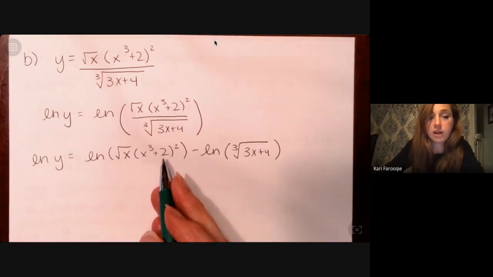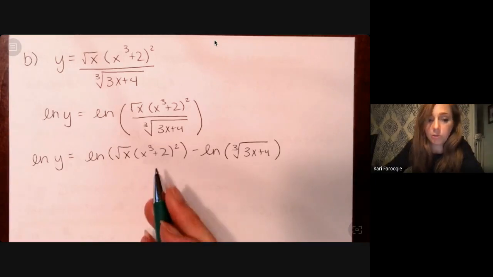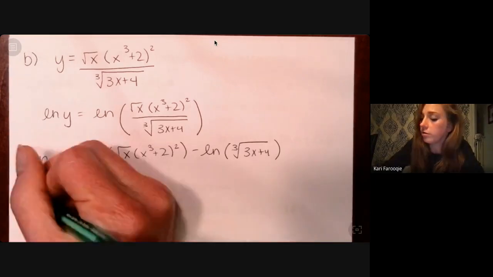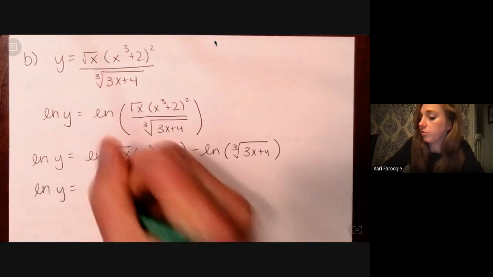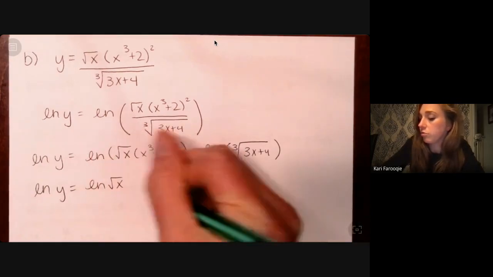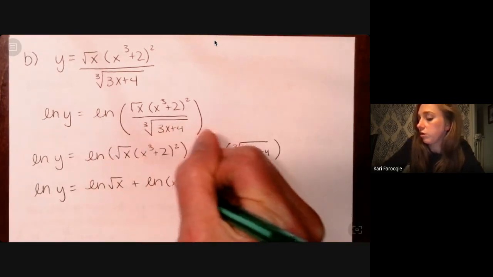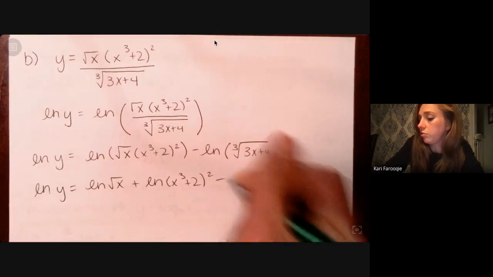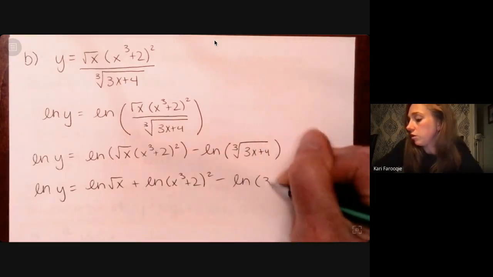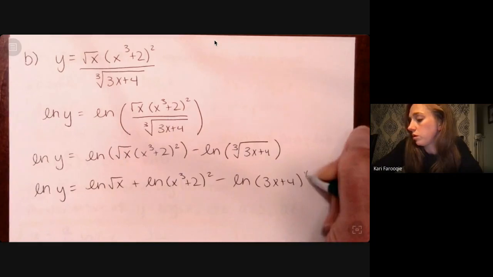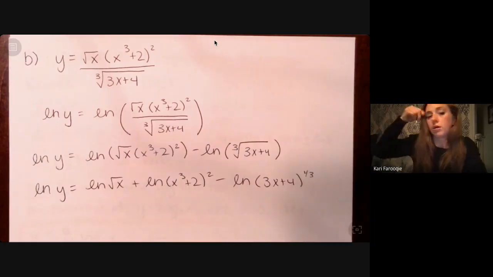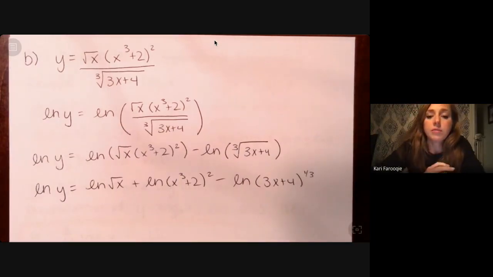And I can take the natural log of a product and split it up into the sum of two natural logs. So I'm going to write this as the natural log of the square root of x plus the natural log of x cubed plus 2 quantity squared minus the natural log. And because I know I'm going to want to get rid of this radical, I'm going to go ahead and write the cube root as the 1/3 power.